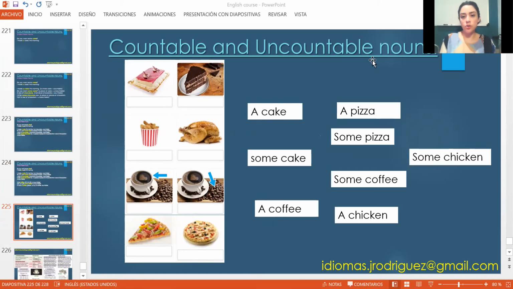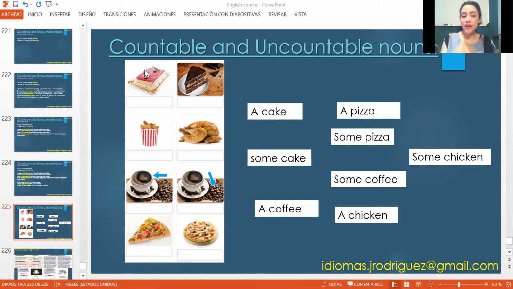What do you have to do? You have to select the correct word in each picture. Okay, for example, coffee, pizza, chicken, and cake. But I want you to tell me if this is a cake or if this is some cake.